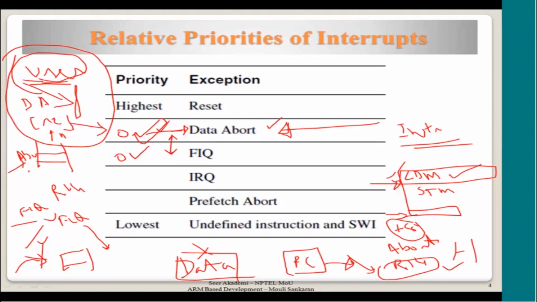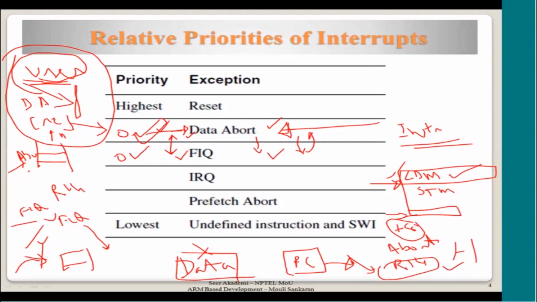At the same time, we don't complete the handler. The processor comes back to FAQ handler to complete it and then goes back. Please remember, this happens only when both data abort and FAQ happen together, and ARM has to service them.